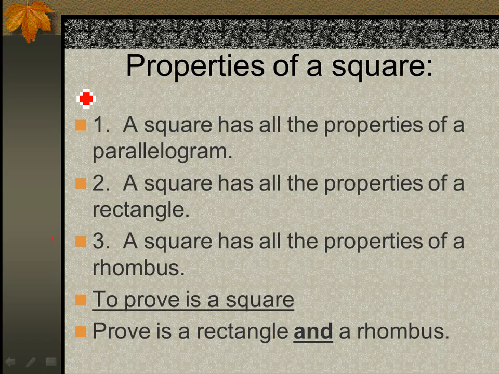If it ends up being both of those, then the very best name you can give it is a square. So to prove it's a square, you've got to prove it's a rectangle, then prove it is a rhombus. It doesn't really have its own way to prove something is a square. You've got to prove it's these two things, and if it's both of them, then we know it's a square.